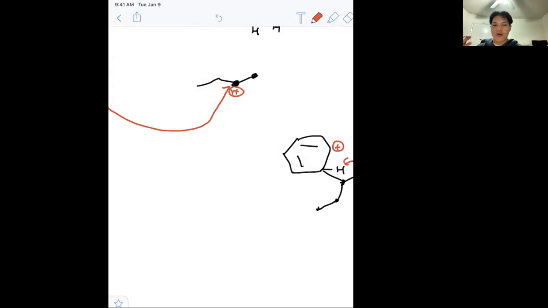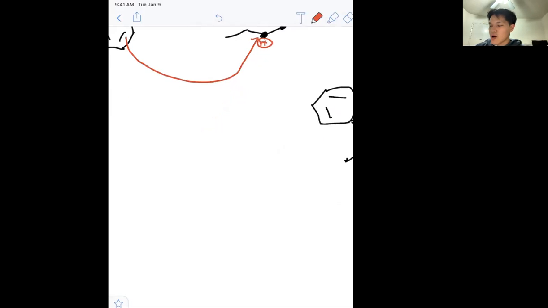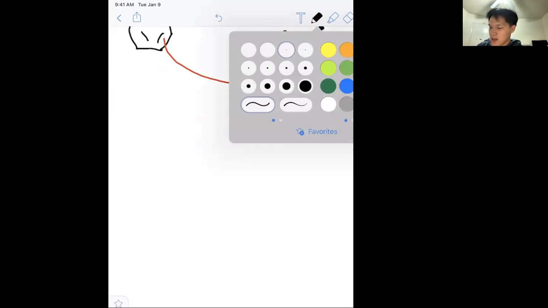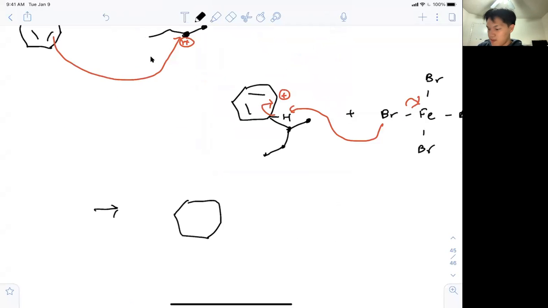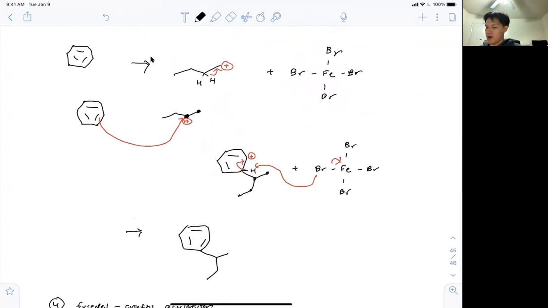So it's a really weird mechanism, but it's okay if you don't know it. They didn't really teach us this, but it's a very advanced organic chemistry type of reaction, but it's okay. It's okay if you don't know it. And then we form this double bond, but we still have this alkyl group right here, right?